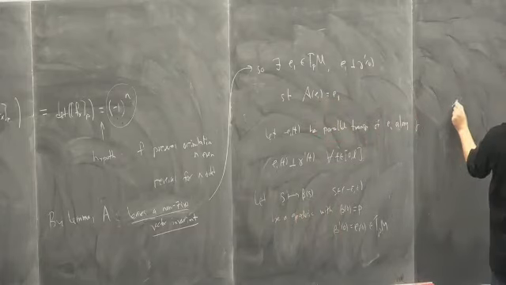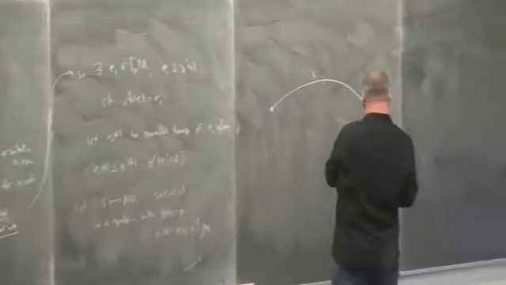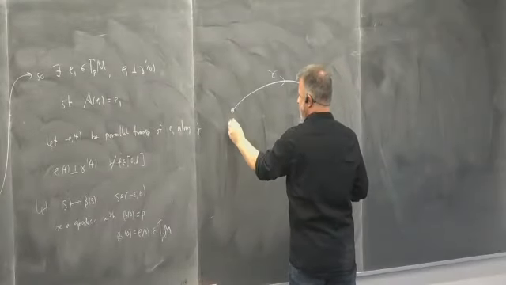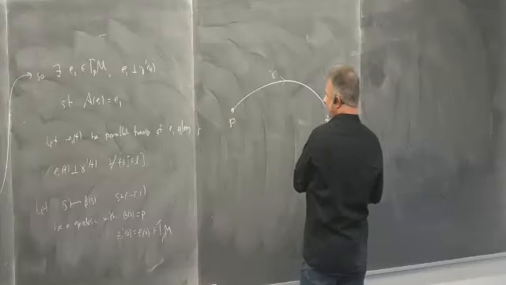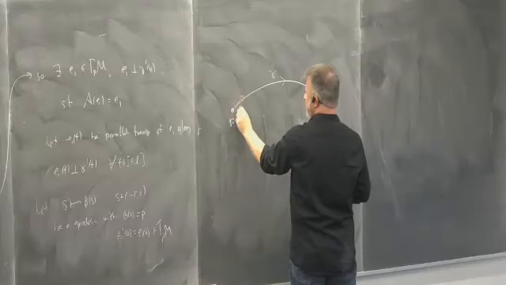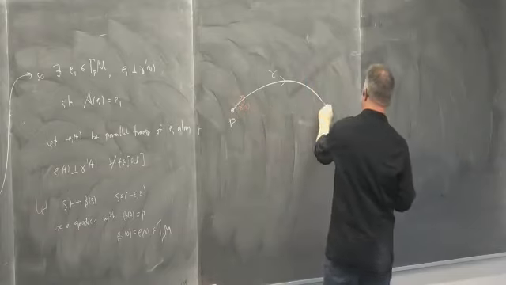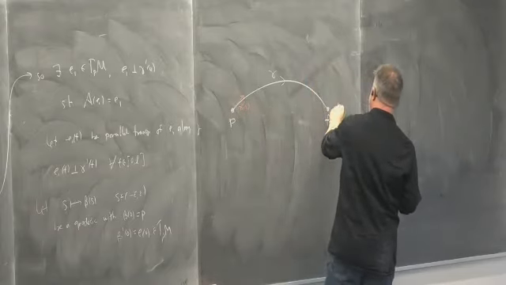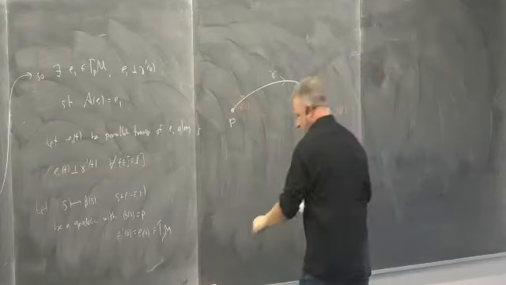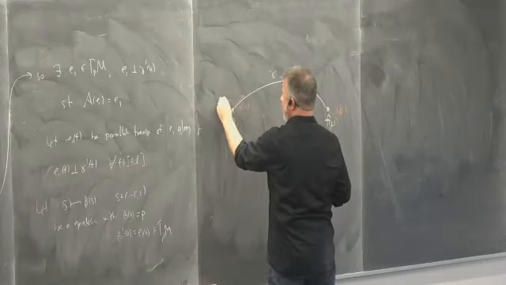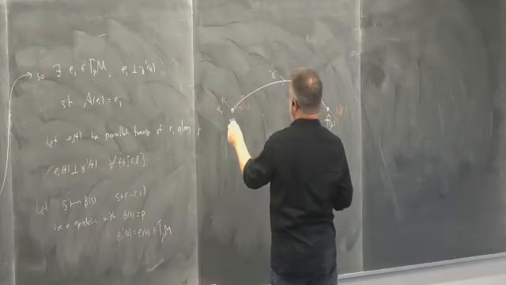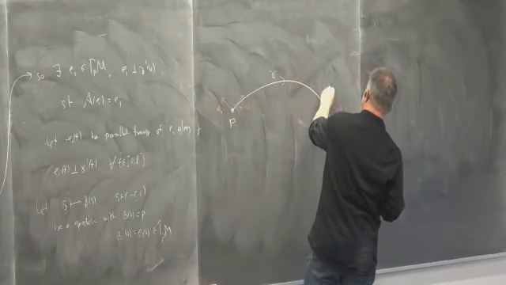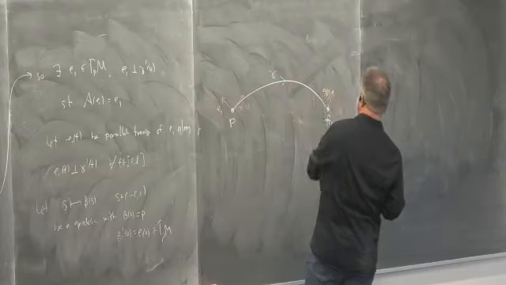So the picture here: this was our geodesic gamma, which goes from P to F of P. And this is gamma prime at 0. This is gamma prime at L. And we found this vector E1, which is fixed by A. And this is E1 at L, right?